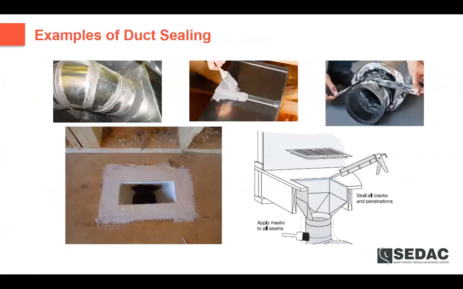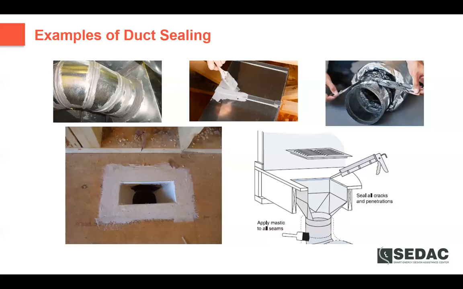So here's some examples. You'll notice we've got some mastics that can be painted and brushed on. Some of these are special foil tapes. You will not see anything here with duct tape, which should be used on anything but ducts. But yes, these are foil tapes designed for proper sealing.